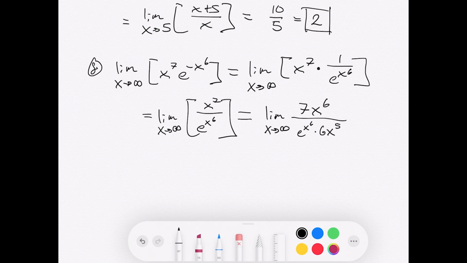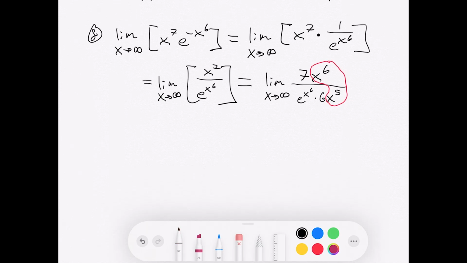Can we simplify this fraction now? Yes, absolutely. The x to the 6 and the x to the 5 are going to reduce, and that is about it. So let's see what we're left with. Okay, x is going toward infinity, which means that in our numerator, by direct substitution, this is going to become infinity.